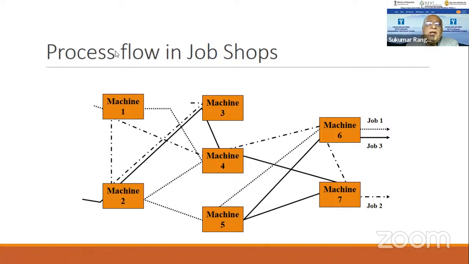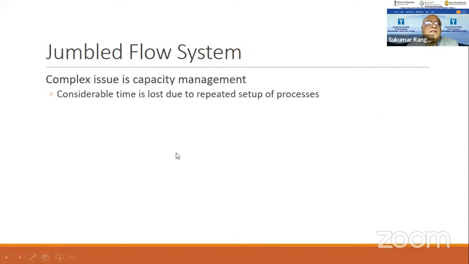So there is a totally jumbled way of material flow for different orders, not for the same order. If the same order repeats, then the flow will remain the same. But it doesn't happen. Different jobs come in which need different processes, and so there is a chaotic flow. So you need a lot of planning and monitoring in these cases.